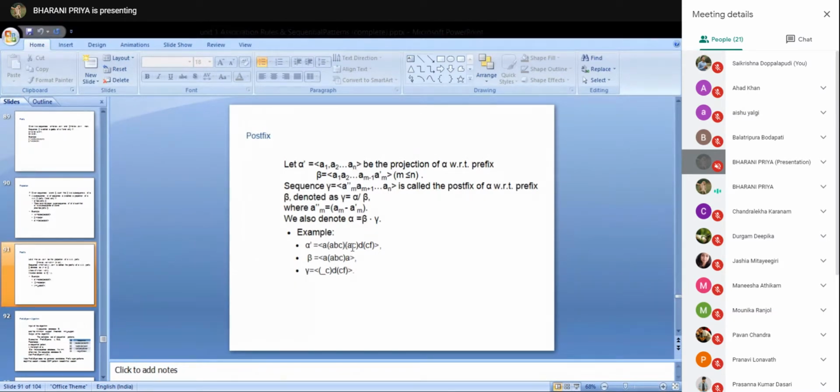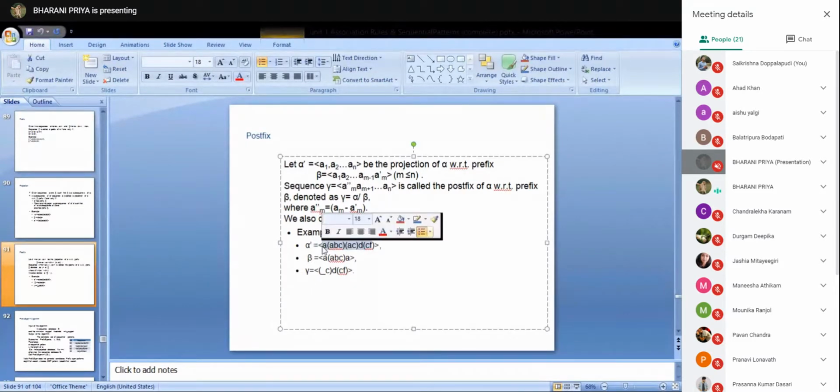We are considering A, B, C, A as beta and the remaining part as postfix. Since C is a part of an item set, the remaining items should be represented with underscore.